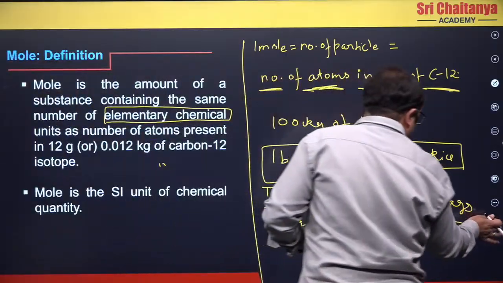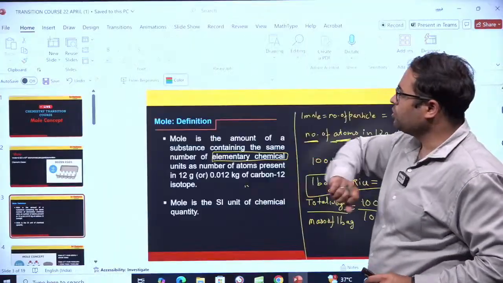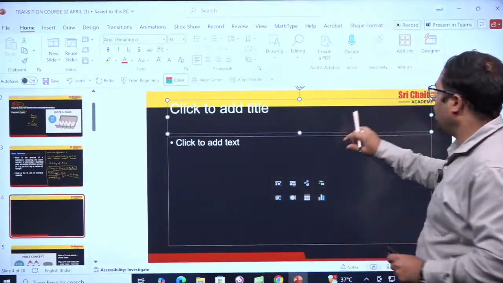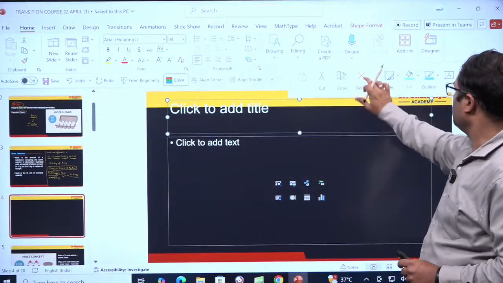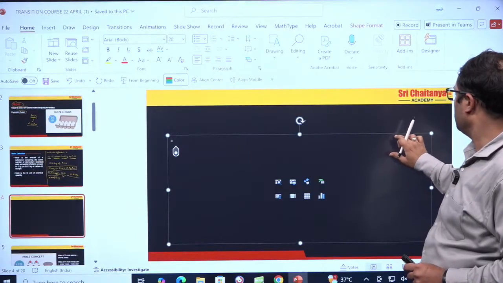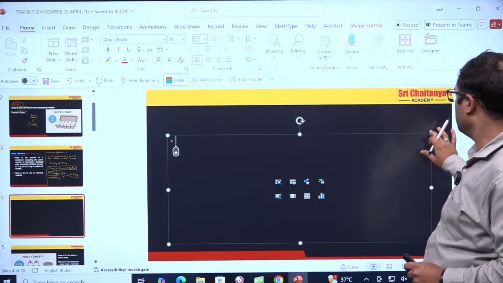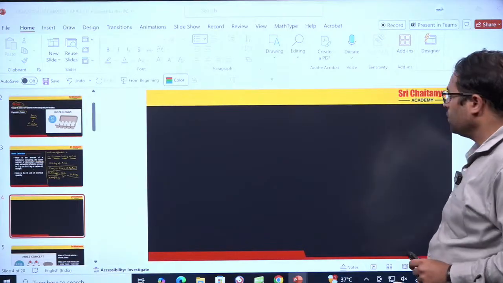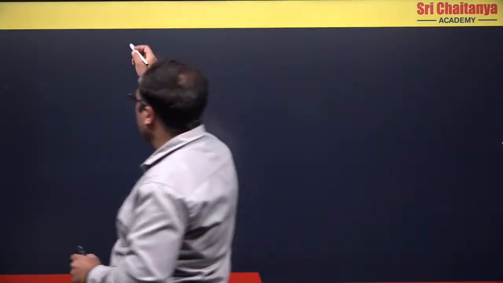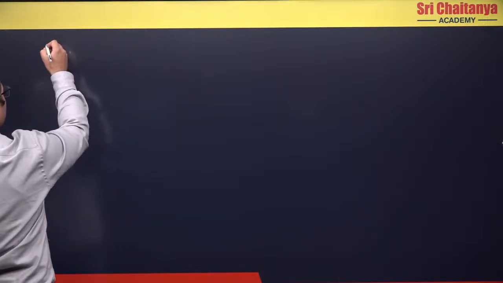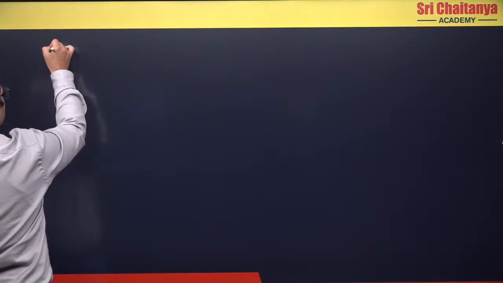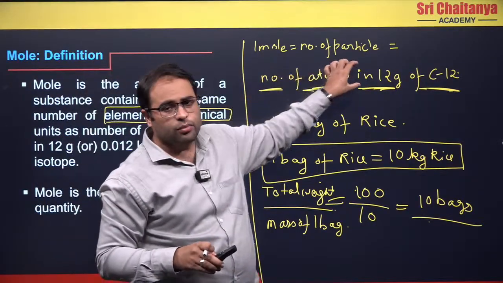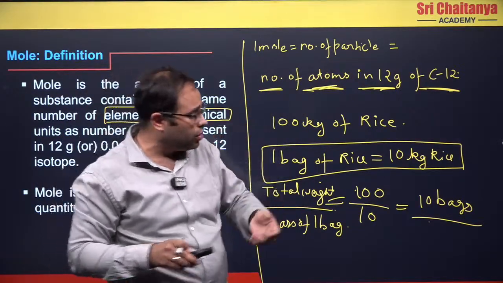Let me take one more slide and make things easier for you. Let us get back. We wanted the number of bags, or the number of particles.